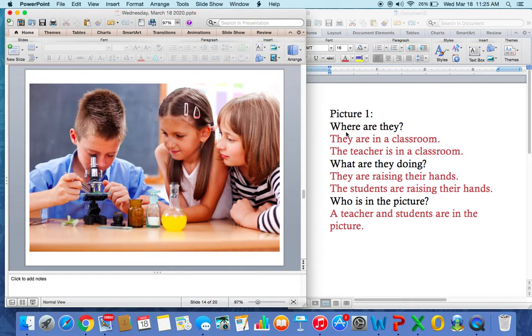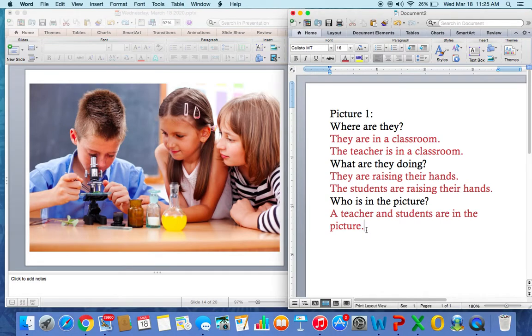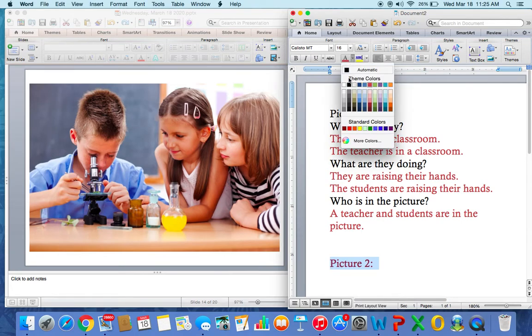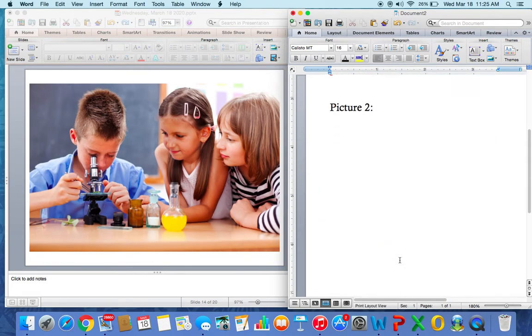So think, what are they doing? Where are they? Who's in the picture? I'll give you a couple seconds. So you may have some trouble with the vocabulary about specifically what they're doing, but you know that they are students.